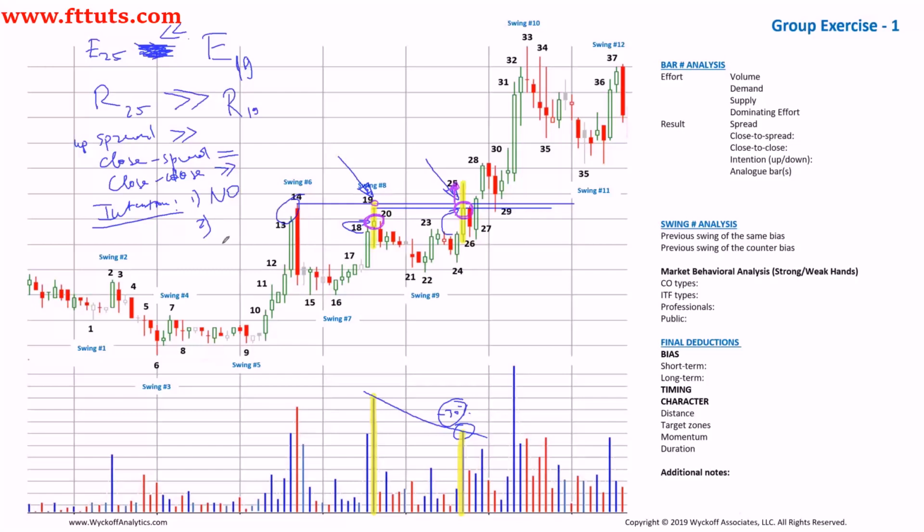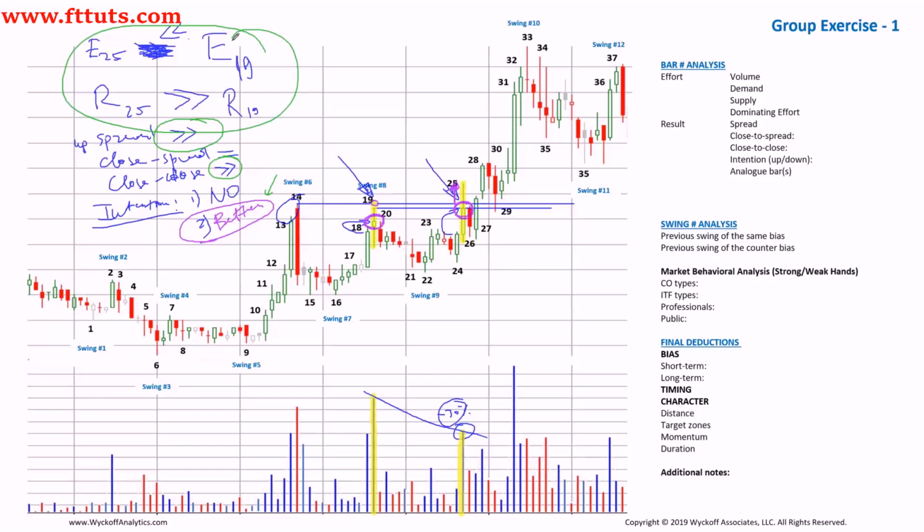So bar number 25 is behaving better on the intention than bar number 19. So we're seeing that we have a lot of bullish indications for bar number 25. Spread is better, close to close is better, and then intention-wise, we almost were there.